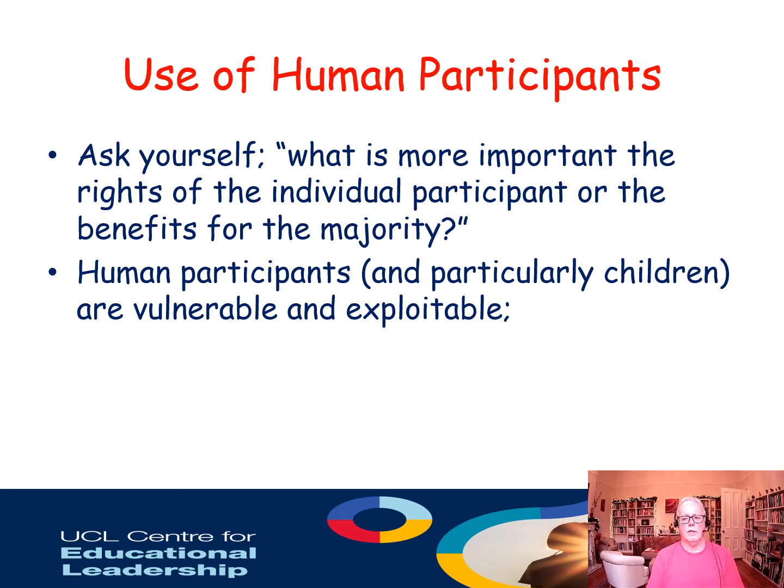Now, children is more difficult because you cannot ask direct permission from them. You can only get permission from the parents. A number of students sometimes think that they can ask the principal or the head teacher of a school. No, parents have to give the permission for anyone under the age of majority. That makes it more complex.